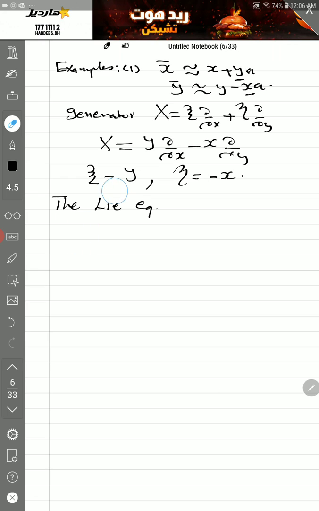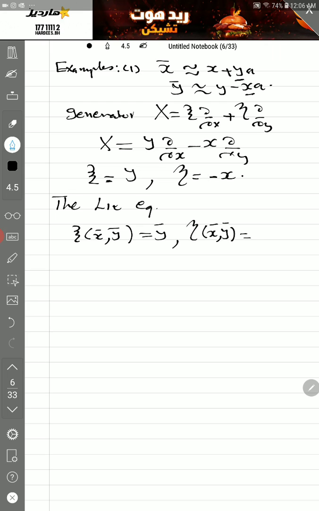Zeta of x bar, y bar: you already have zeta, so it will be just y bar. You substitute here, and eta of x bar, y bar is just minus x bar. So we have the equations.